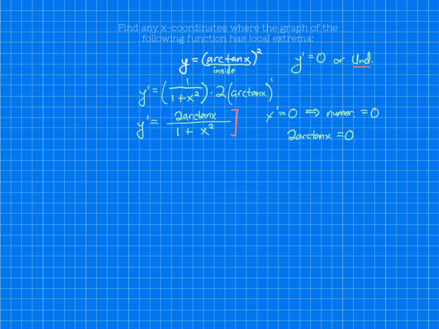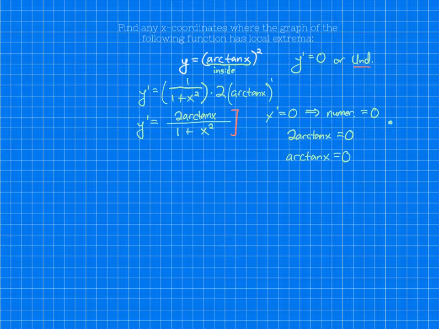So let's go ahead with this over here then. Let's find where the top is equal to 0 to find where my derivative is equal to 0. So 2 times arctangent of x is equal to 0. That means that we are asking where is just plain old arctangent of x equal to 0.